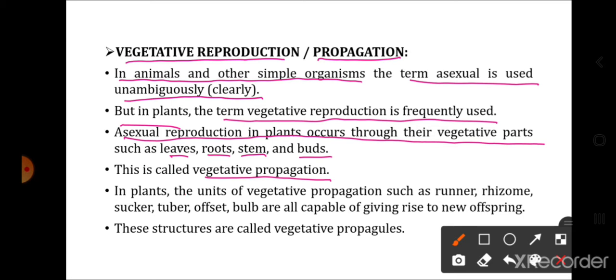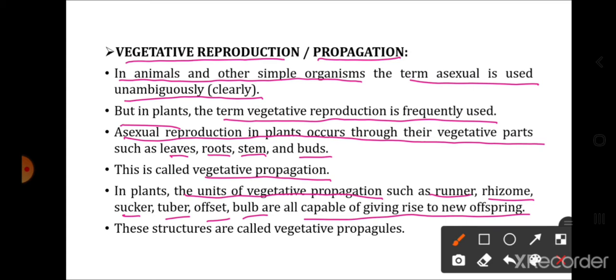In plants, the units of vegetative propagation such as runner, rhizome, sucker, tuber, offset and bulb are all capable of giving rise to new offspring. There are certain structures involved in vegetative reproduction: runners, rhizome, sucker, tubers, offsets, bulb.